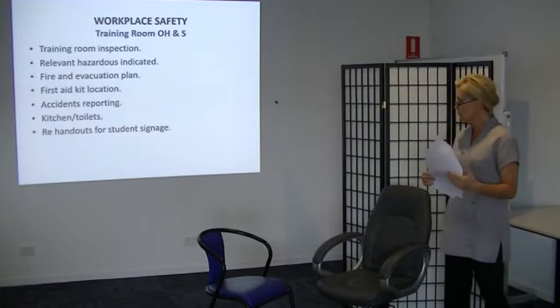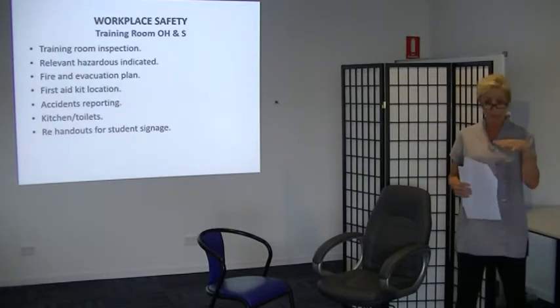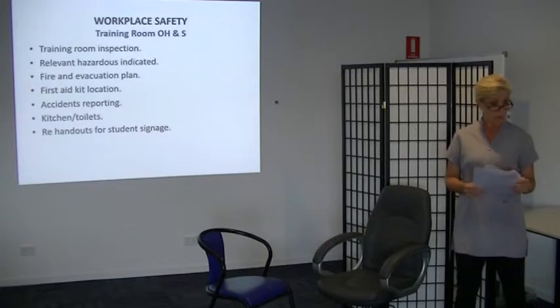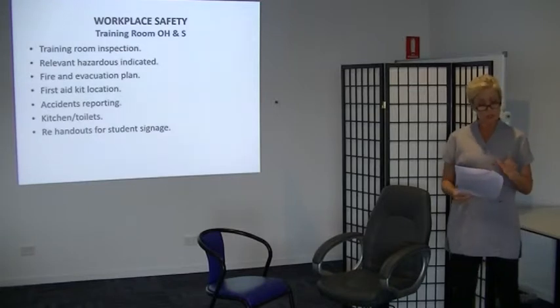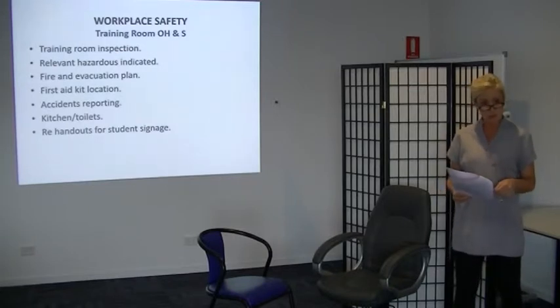So today, before we actually had you in this workshop, we went through the workplace safety through the training rooms that are here. If you look on the second page of your handouts, I have put in a check sheet for the workplace safety and training. Just to reiterate, we did a training room inspection prior to this workshop, so you can tick these boxes as you go along.